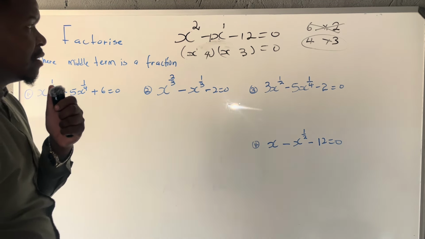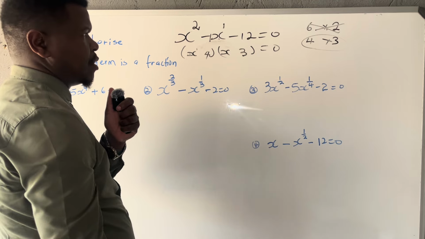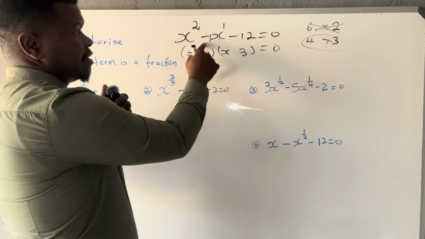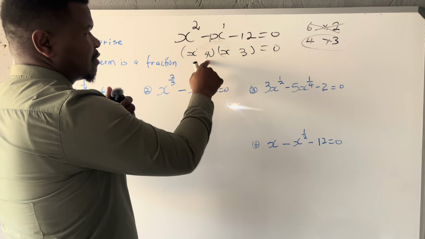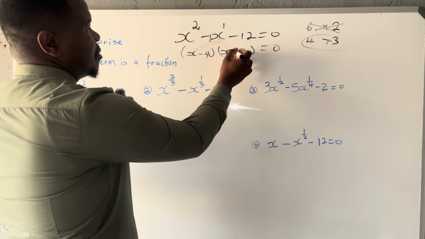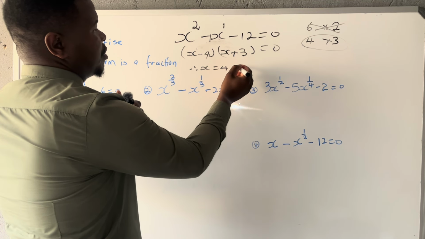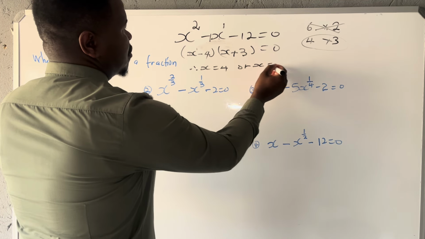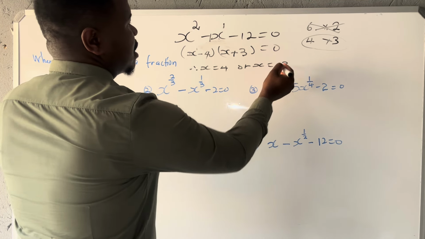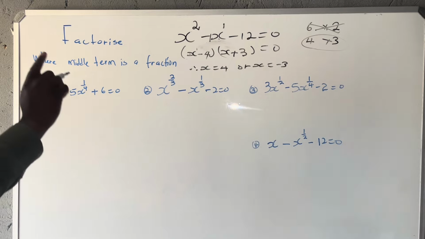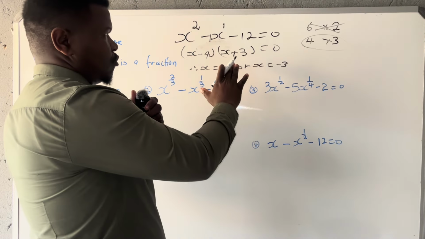They say the bigger number takes the sign of the middle term. My middle term is negative x. So the bigger one is 4. I'm going to put negative there, positive there. Therefore, when we transpose minus 4, the answer will be 4. Another one, when we transpose positive 3, it's going to be negative 3. This is what most learners are used to.